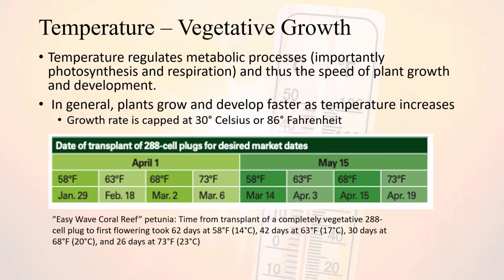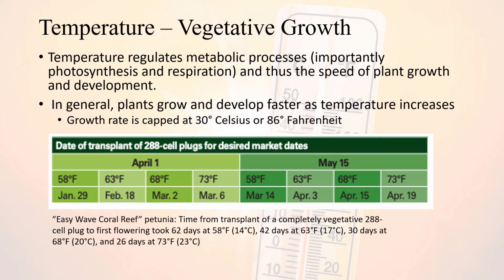And if you see in the figure that we have down here, these are petunias that were planted for flowering to occur by these dates here, right? April 1st and May 15th. And depending on the temperature that they grew these petunias at, they had to start planting them along different dates, right?